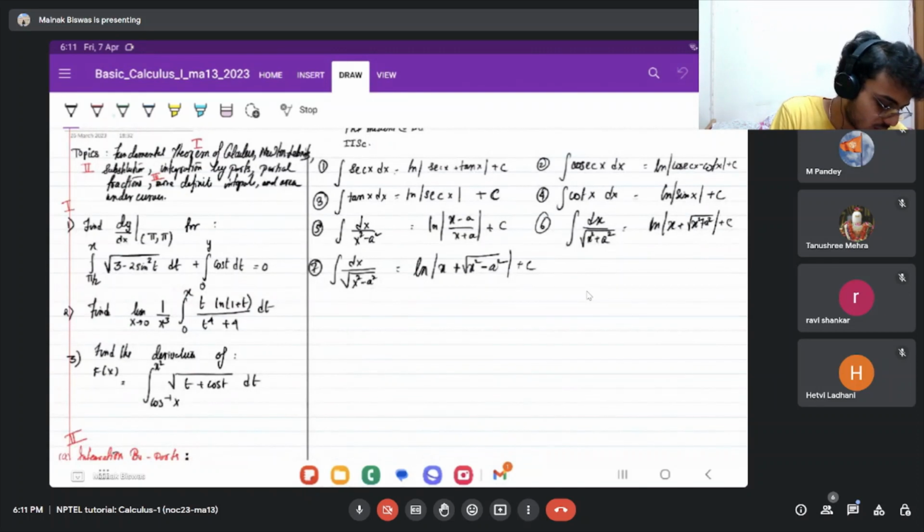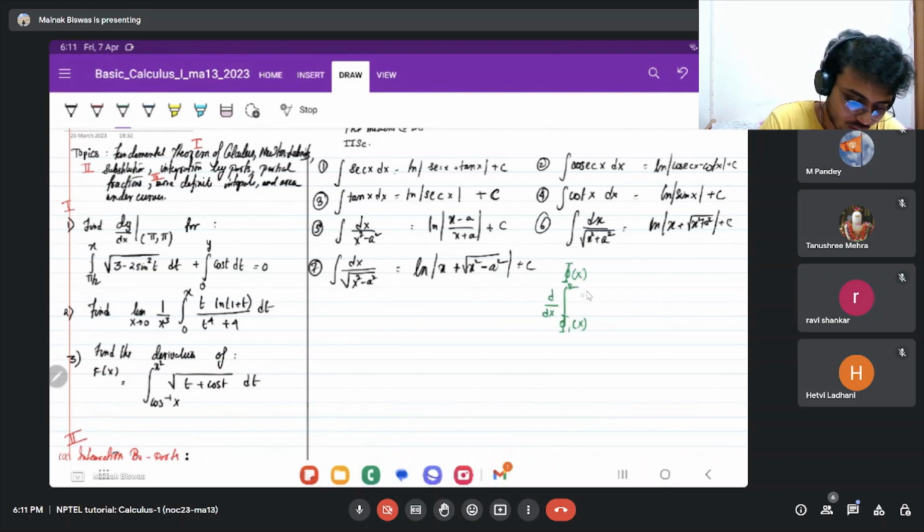Does everyone remember the Newton-Leibniz theorem? I hope we proved it last day, right? So we proved that. If phi 2 and phi 1, the limits of the integration, are functions of x, and we are integrating some function, what we get is phi 2 of x times the derivative of the upper limit, minus phi 1 of x times the derivative of the lower limit.